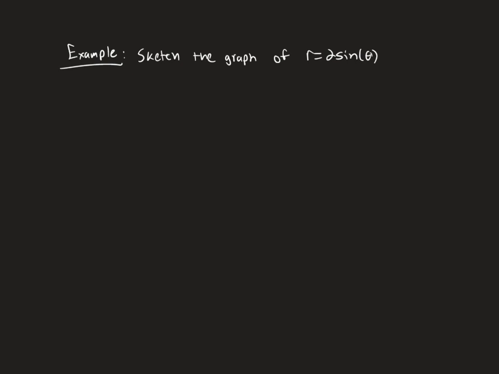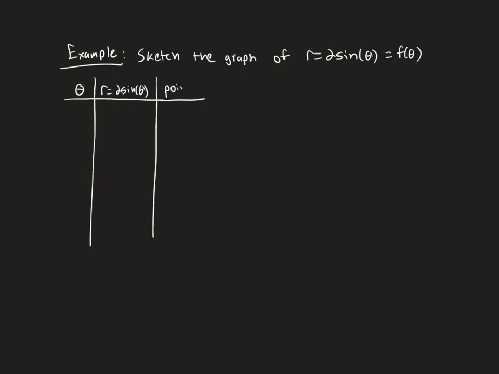Okay, so let's make a data table. Theta, and r is 2 sine of theta. This is our f of theta. Our function of theta is 2 sine of theta. And then we'll also get the corresponding points here, just to keep everything organized.